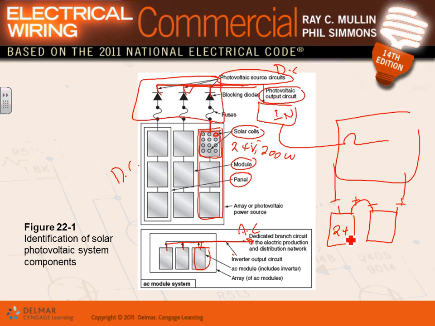If this is 24 volt and this is 24 volt, and each one of them is 200 watt, the output of that system, guys, will be 48 volt DC, and 200 plus 200 is what? 400 watt, right? Now, if you need more watts, what do you do? You keep adding them. Any comments, guys? Any questions how they get the voltage?